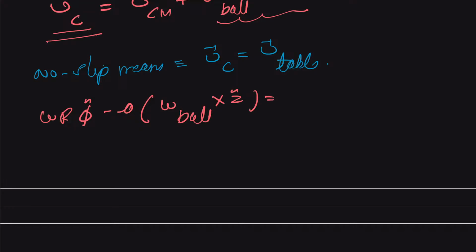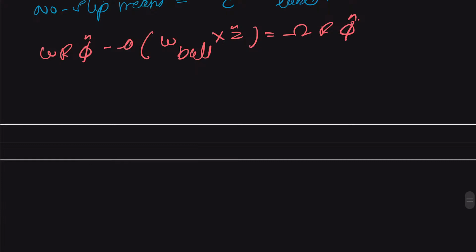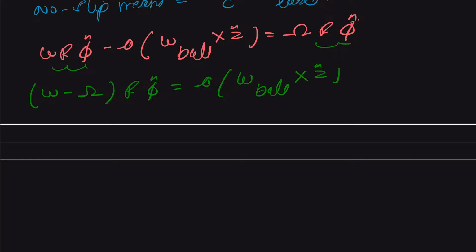This will be equal to omega r and phi unit vector. And we can rearrange, because here I have this phi unit vector on both sides. Therefore, we can write this as omega minus capital omega, and we have a phi unit vector which will be equal to a omega ball and our z unit vector.